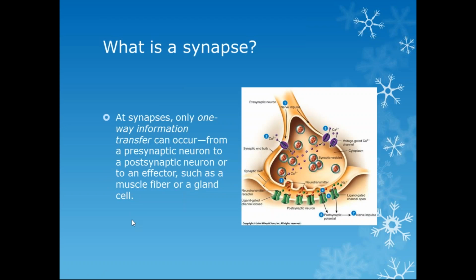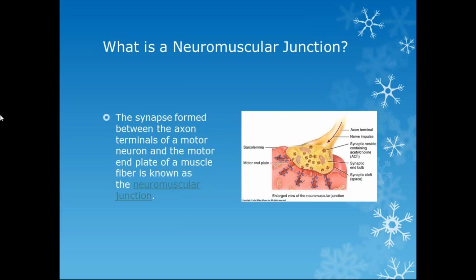At synapses, only one-way information transfer can occur from a presynaptic neuron to a postsynaptic neuron or to an effector such as a muscle fiber or a gland. So we see the neurotransmitter will be released and then affect the postsynaptic membrane, be it nerve, muscle, or gland.